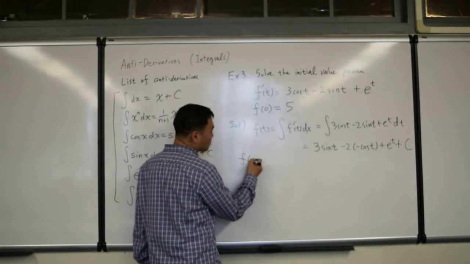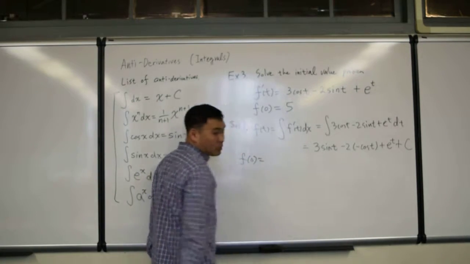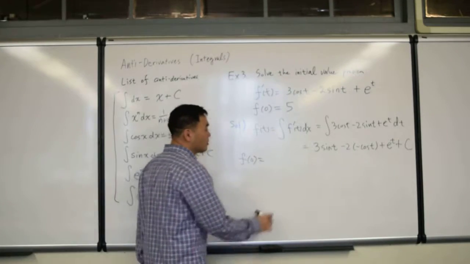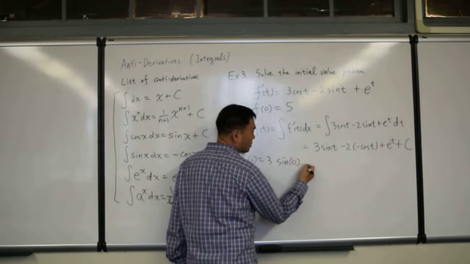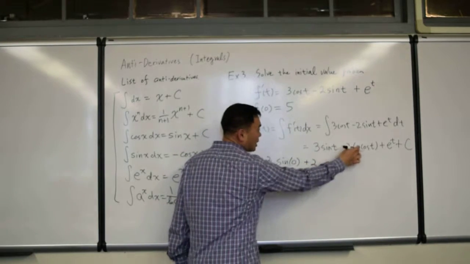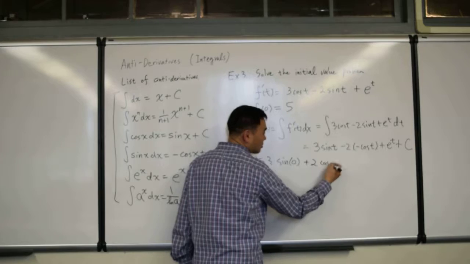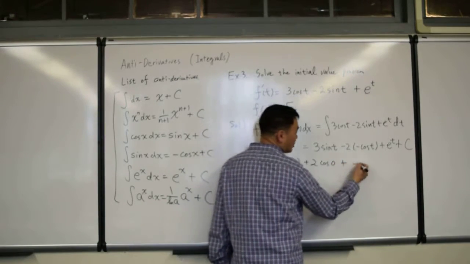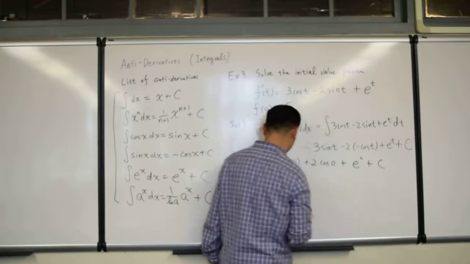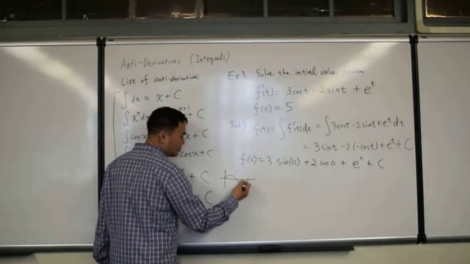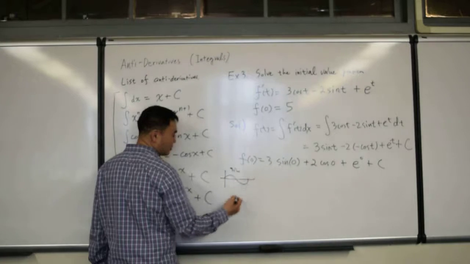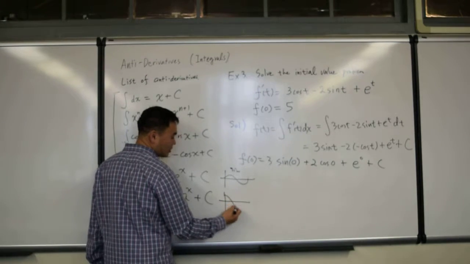What is f of 0 according to the formula that you created? 3 sine 0 minus, actually, negative is plus 2 cosine 0, e to 0 plus c. Now remember, the sine graph goes like this, and the cosine graph goes like this.